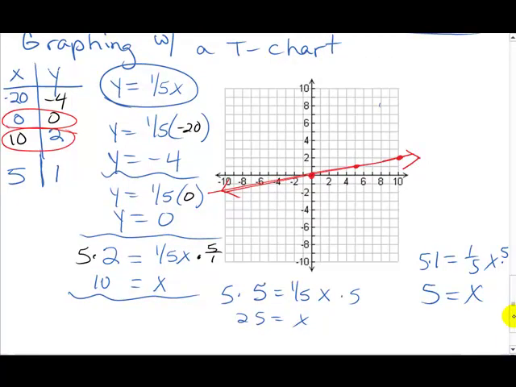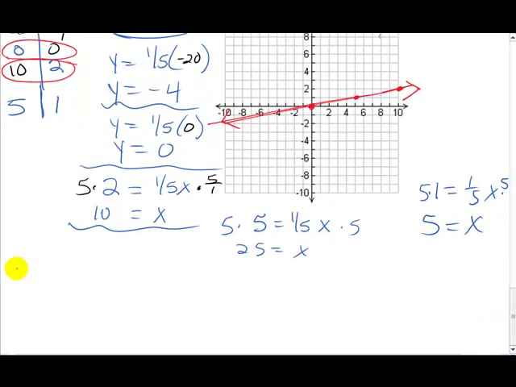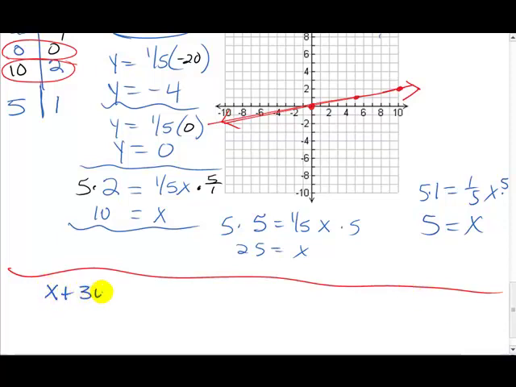All right, let's look at another T-chart. I'll do 0 here, 0, and 7.